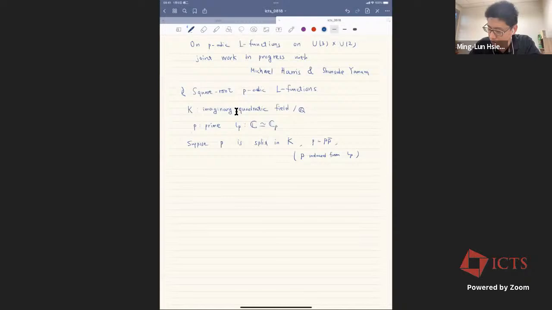I will take (V', H'), which is a Hermitian space over K with dimension 2, and H' is a Hermitian form on V', which I assume is positive definite.